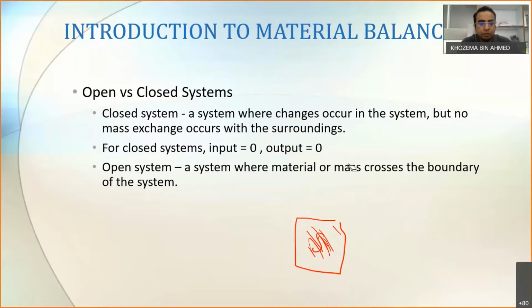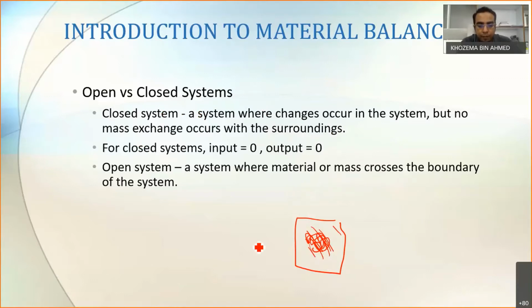That's why we say for a closed system, input equals 0, output equals 0. So everything is already in your system. Whatever you want to put in your system is already in your system. You are not adding anything or removing anything until you are done with the system. If you have an open system, it is a system where materials or mass cross the boundary of the system.